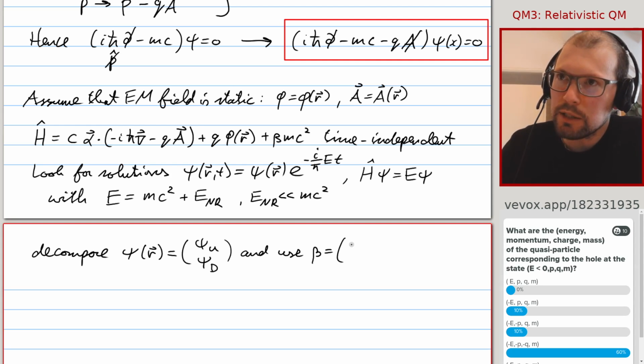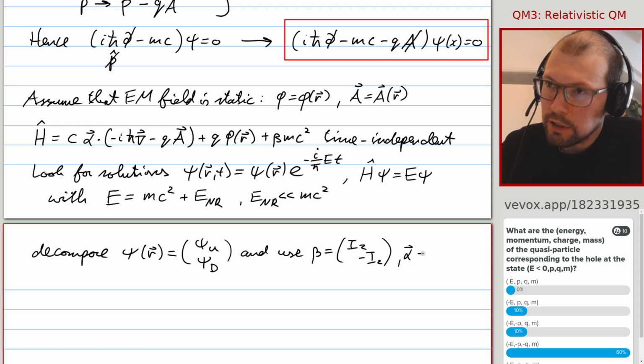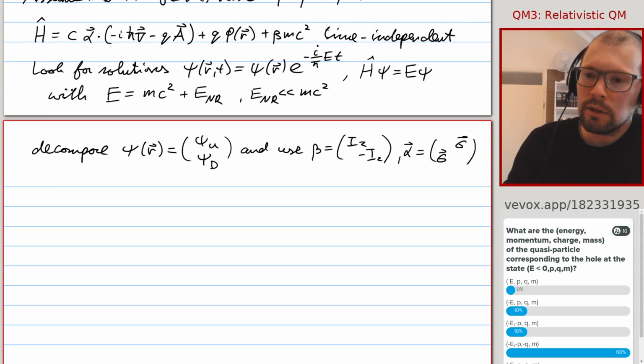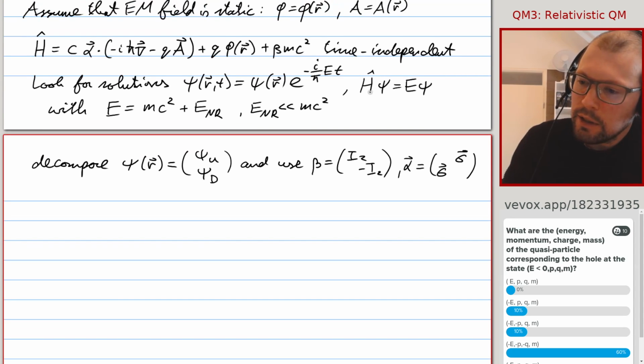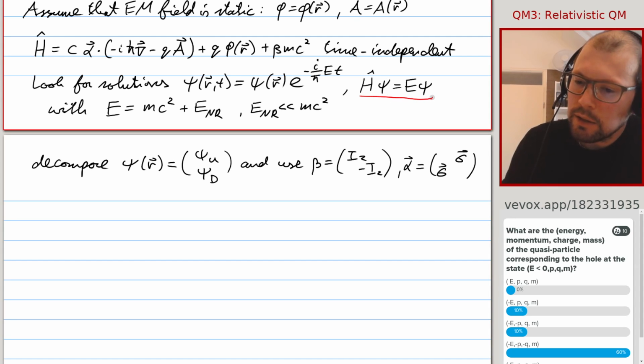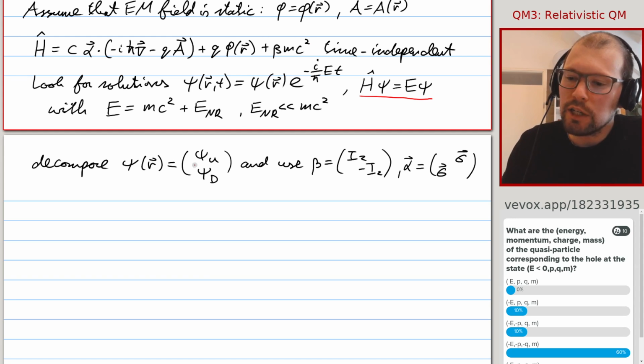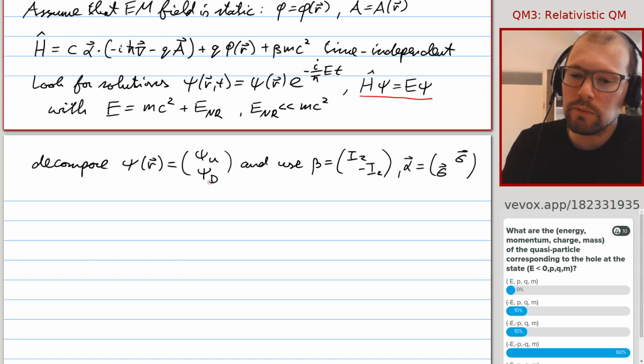So remember, beta was given like this, and alpha by the Pauli matrices. So let's take now this equation here with our explicit Hamiltonian and write it out for the two different components.